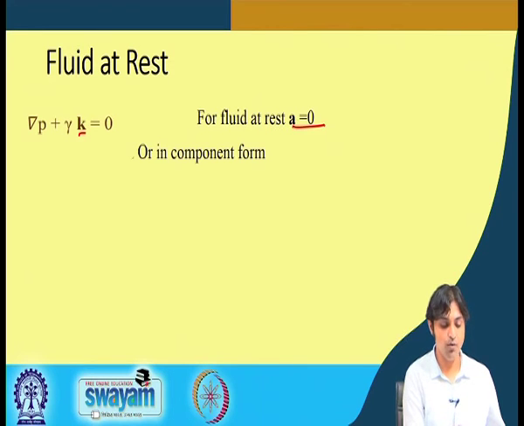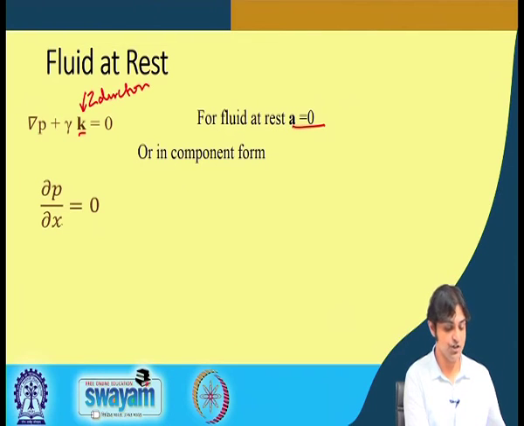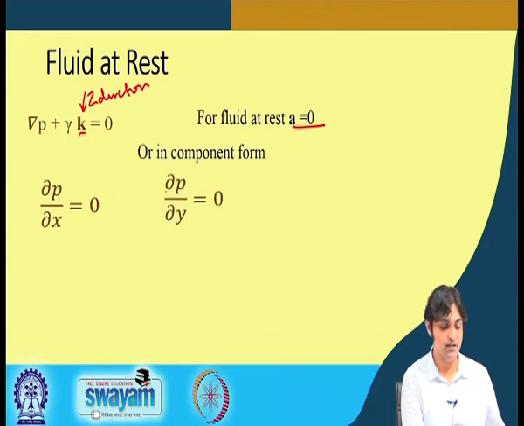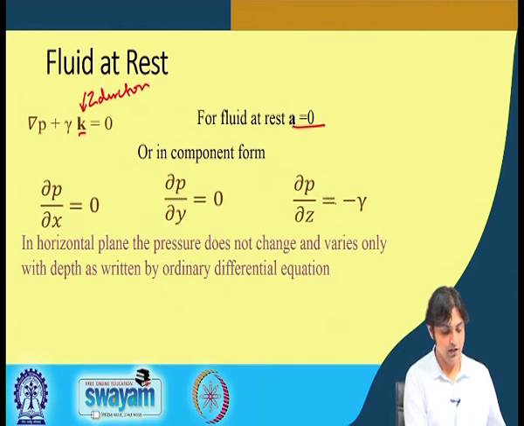Or if we write in component form, because this is Z direction, right. So in X direction there is only pressure, so delta P by delta X is equal to 0, delta P by delta Y is 0, but in Z direction it will be delta P by delta Z is equal to minus gamma.